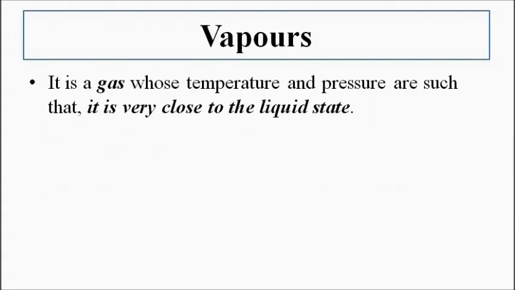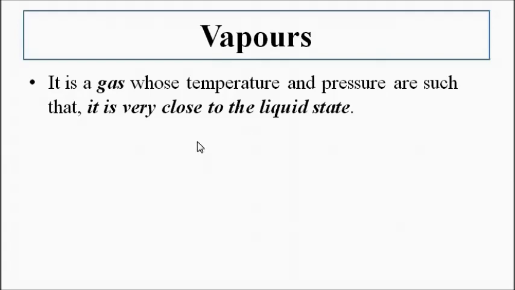And then we have vapors. Now a vapor is actually a gas whose temperature and pressure conditions are such that it is almost approaching the liquid state, on the verge of the liquid state. So that is what is classified or defined as vapors.